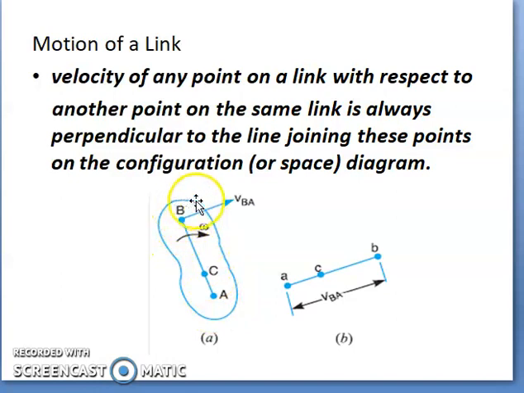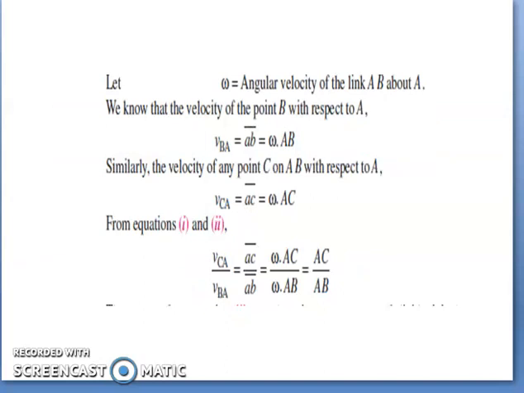And if you want to find the velocity of B with respect to A, again if you draw a circle, then the velocity vector will be tangential to the circle whose magnitude is given by AB into omega. So if omega is the angular velocity of the link AB about A, then the velocity of B with respect to A is equal to omega into AB.